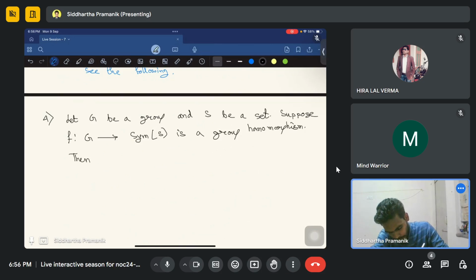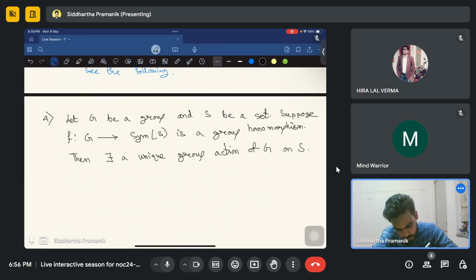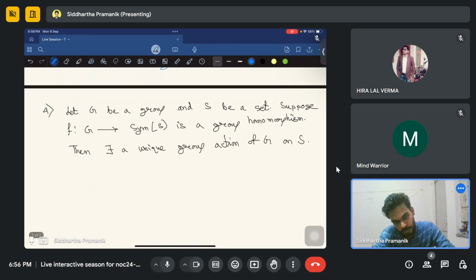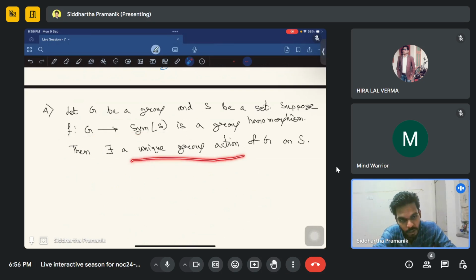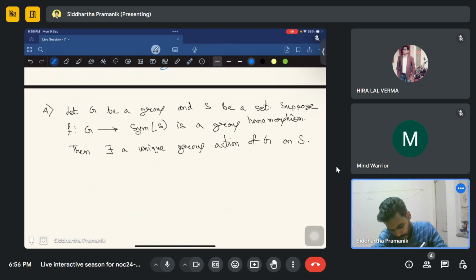Then there exists a unique group action of G on S. So we have a group G and a set S and a group homomorphism from G to the symmetric group of S. So this will induce a group action of G on S. So let's see a quick proof for this.